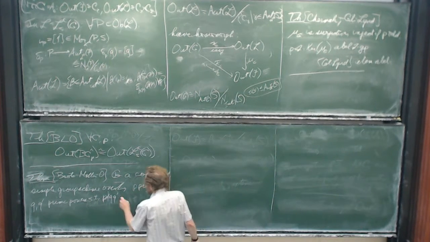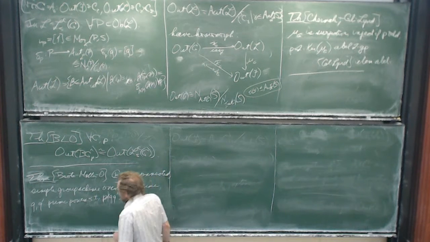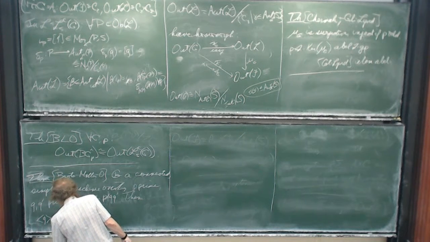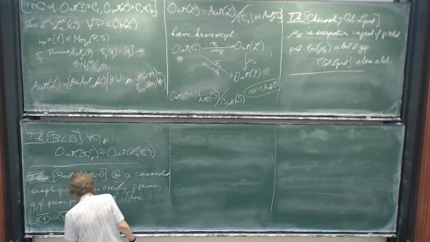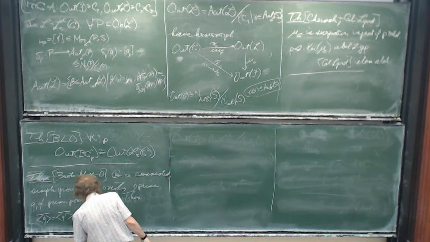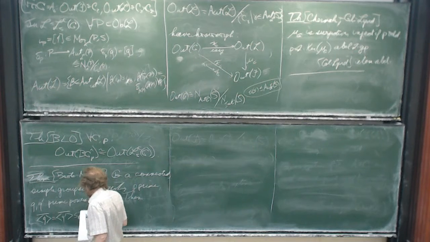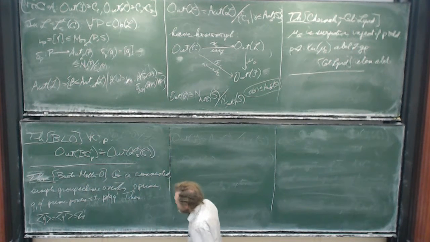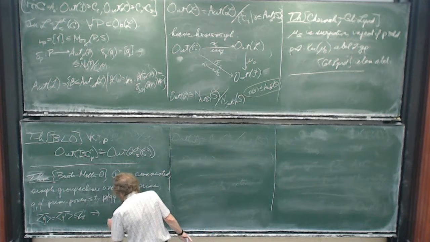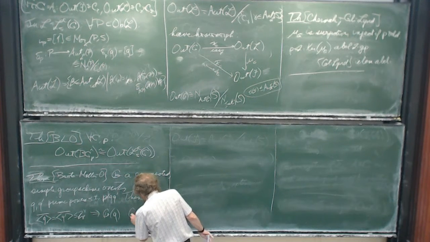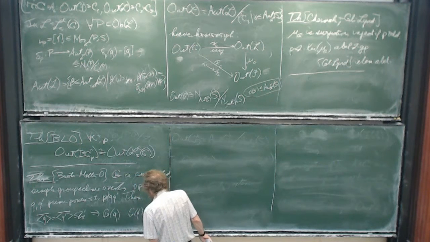And then, if q and q' generate the same closed subgroup of the p-adic units, so take the subgroup they generate, take their closures in the p-adic topology, and those two are equal, then that implies that G(q) and G(q') have the same fusion.